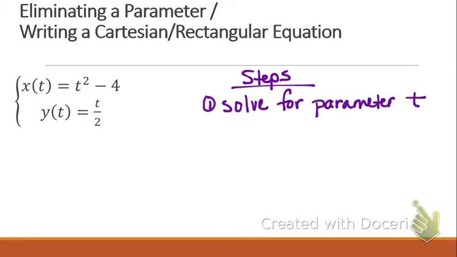So let's go ahead and do that. I'm going to use the x equation. So x equals t squared minus 4. Go ahead and solve that for t. What would be my 2 steps to solve this equation for t? What I need to do first is get rid of that minus 4. All right, so let's add 4 to x.